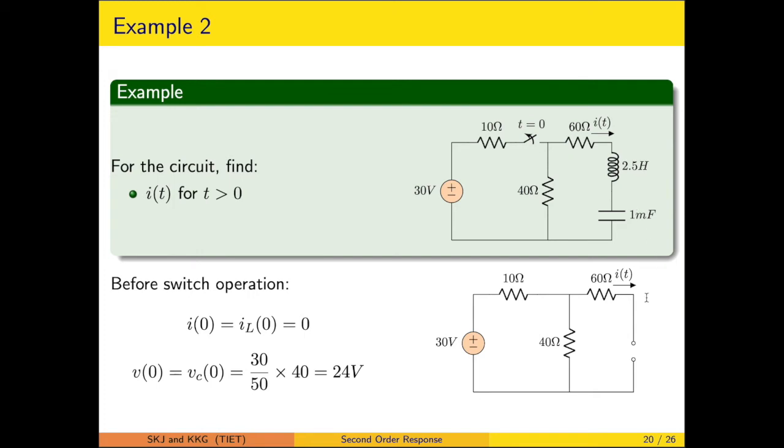When this is the open circuit, the voltage across the capacitor will be decided by the voltage across this 40 ohm resistor. That gives a value of 30 upon 50 into 40, so that is 24 volt, and i(0) will be 0.